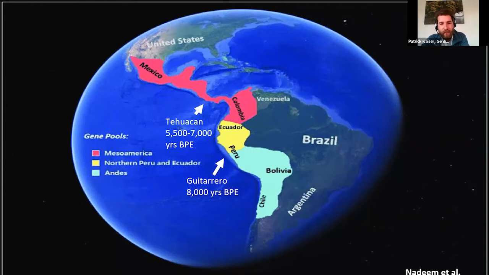Here we also see, in the different colors, the different gene pools: the Mesoamerican, the northern Peru and Ecuador area in yellow, and then this light blue color, the Andes, where we have different gene pools, and they were domesticated before the people had connection to each other. So that proves it was domesticated in different locations at the same time.